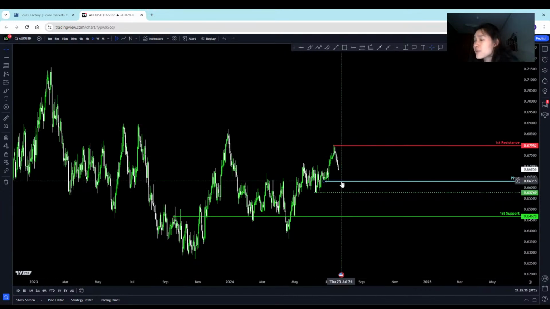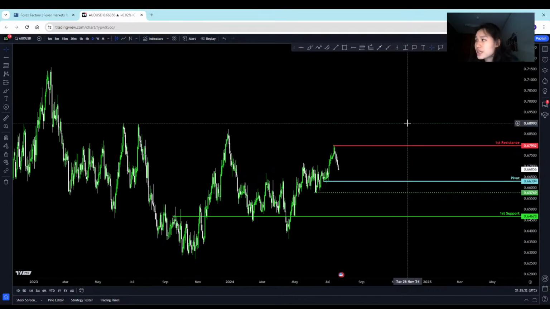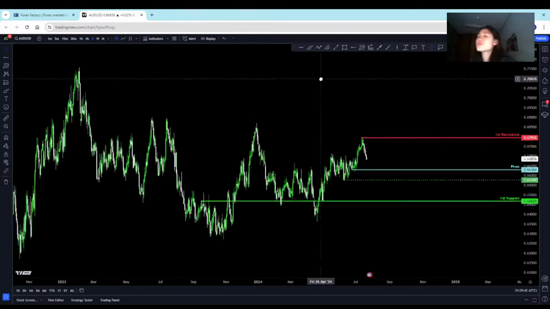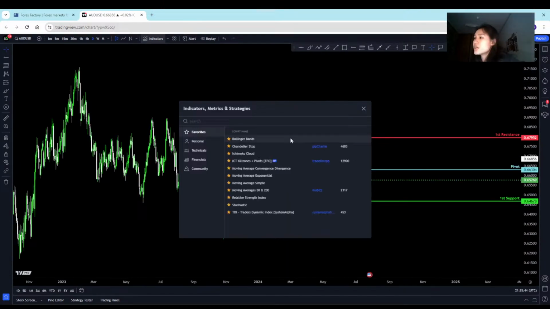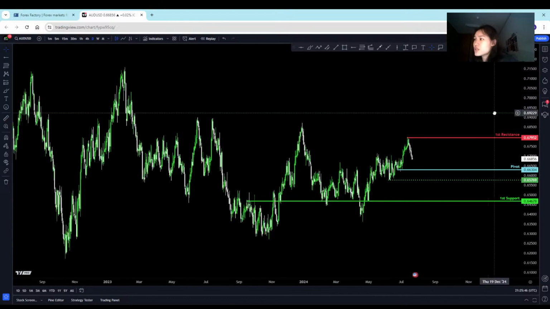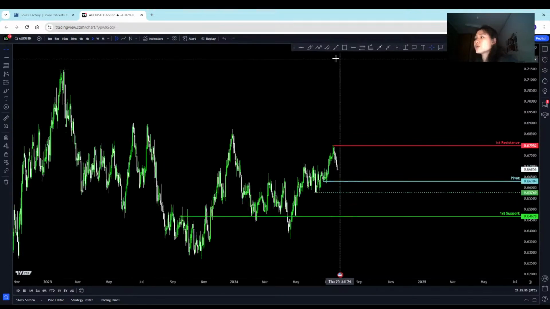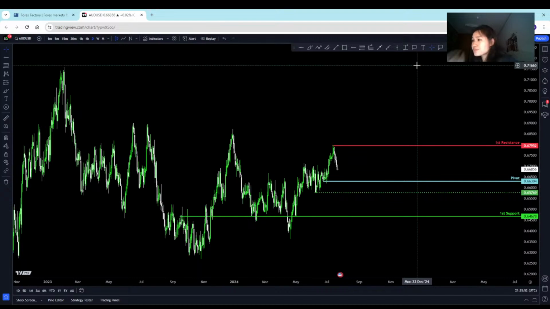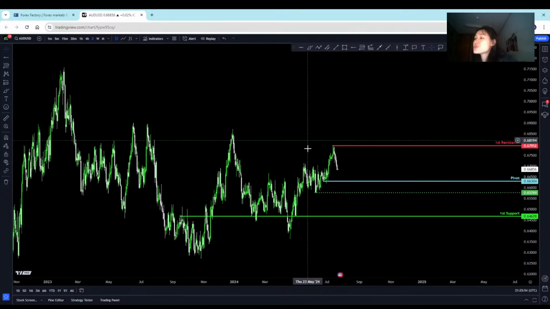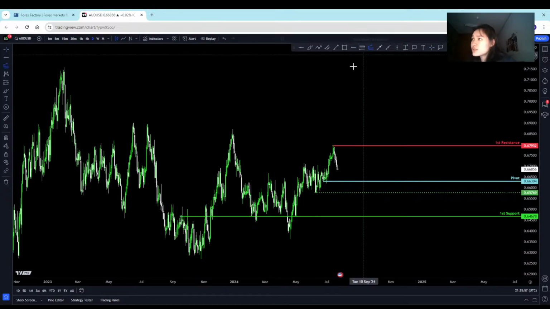Otherwise, it might bounce off of the pivot and head towards our first resistance again. I don't think there's really much more to say here, but let's look at our Fibonacci levels first to support our horizontal levels.